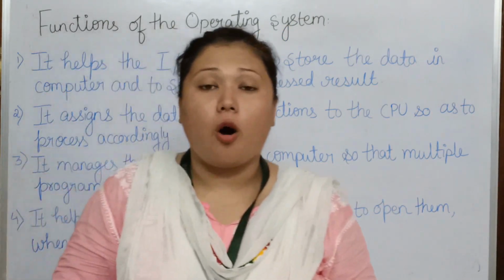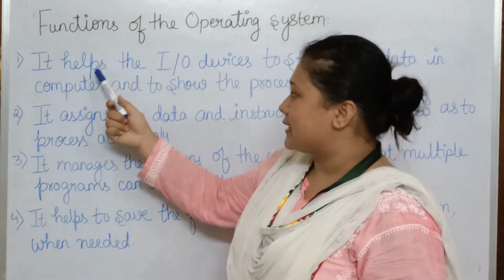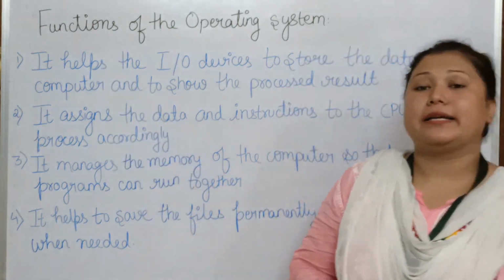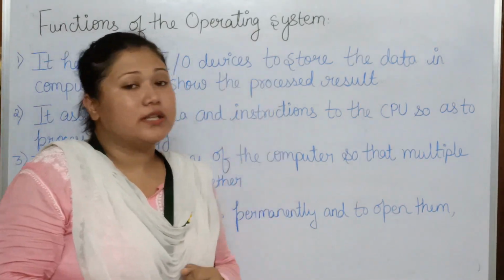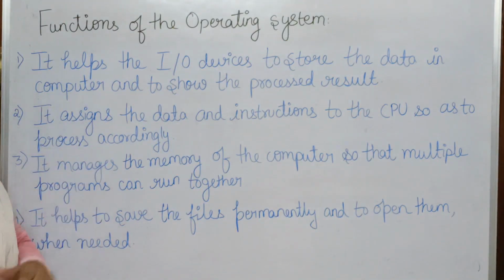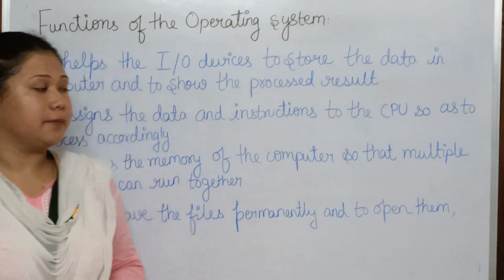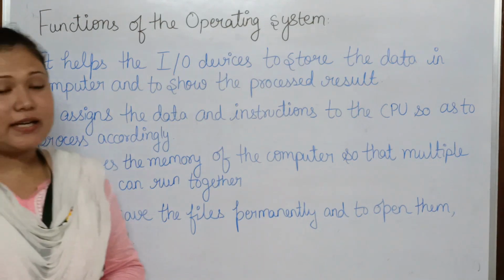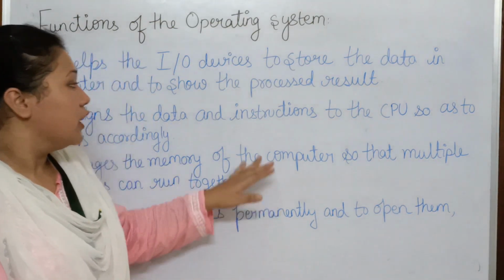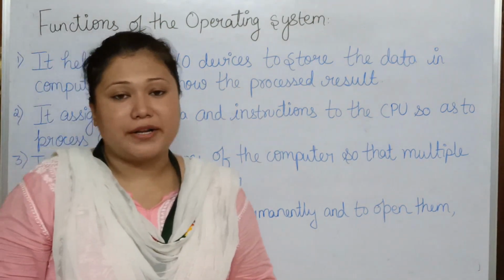Functions of the operating system. The operating system helps the input and output devices to store the data in the computer and show the processed result. It assigns the data and instructions to the CPU to process accordingly.